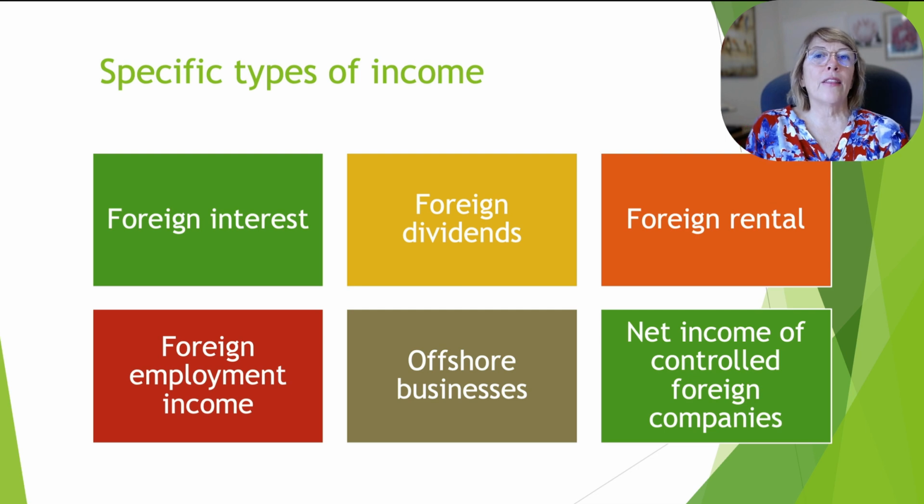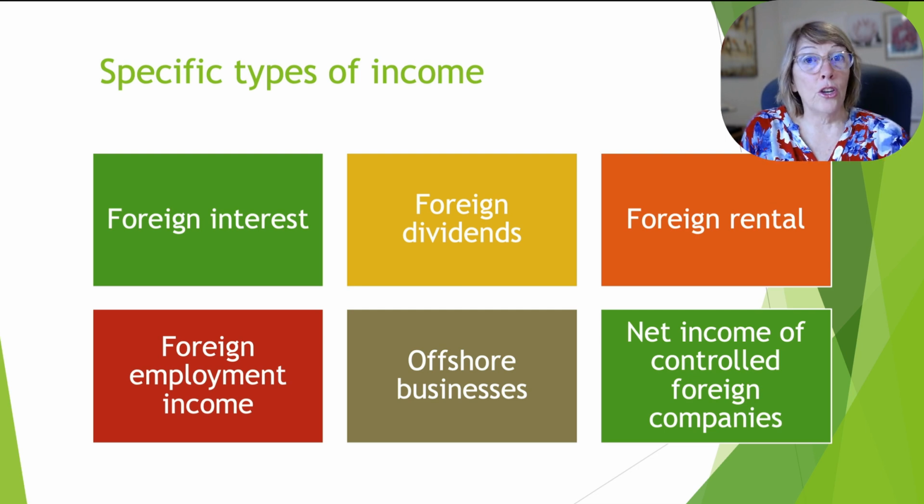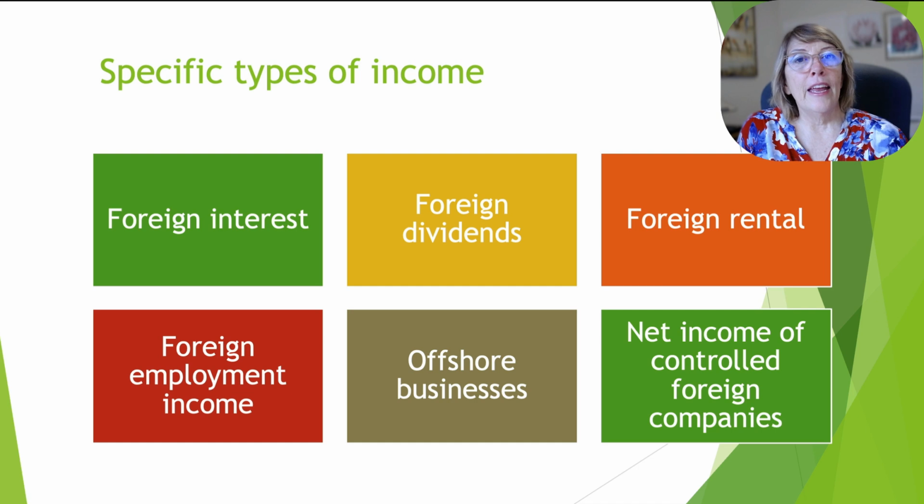Now, let's just think about the various types of income that you might earn as a resident. You might earn foreign interest, foreign dividends, foreign rental, foreign employment income. You might even carry on a business offshore. All right. And then there's also, and we won't get into this today, but there's the possibility of net income from a controlled foreign company. So as a resident, you may own shares in a foreign company that is regarded as being a controlled foreign company.